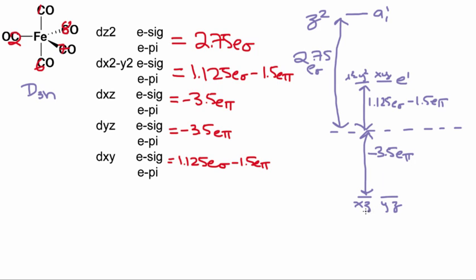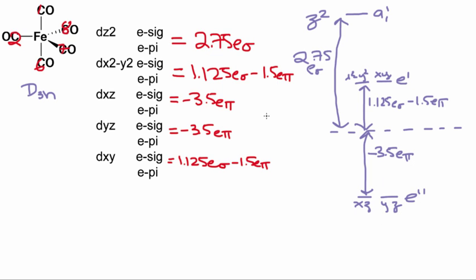And then similarly, the xz and the yz will have to be degenerate with one another, and they will have the symmetry of E double prime. And so we can see right here, based on our point group analysis, our MO analysis from right here, that this does line up as expected, where we have our dz squared on its own, the x squared minus y squared and the xy degenerate, the xz and the yz degenerate.